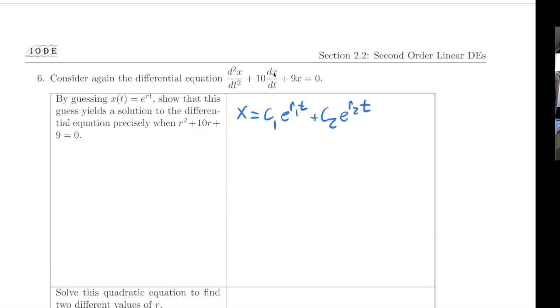I just need to figure out what r1 and r2 are. And if I were to plug something like this into this differential equation, ultimately I'm going to find those values of r are the same values of r that satisfy this quadratic equation.